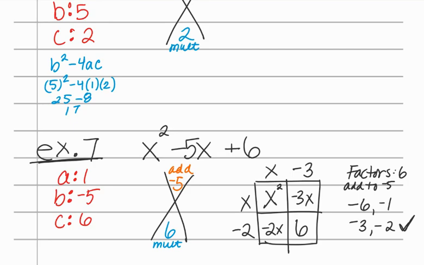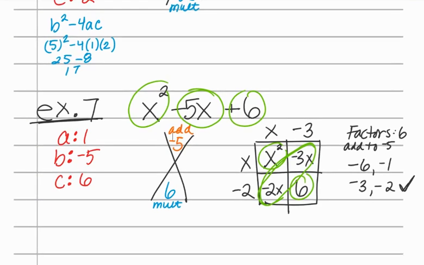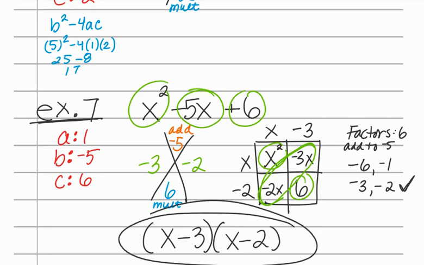When I look at this, I've got my first term here, my last term here, and -2x plus -3x does equal -5x. So I know my information is correct on the outside of my area model. I know that -3 and -2 are my winning factors, which means then that my binomial is going to be x minus 3 times the quantity x minus 2. And that's it.